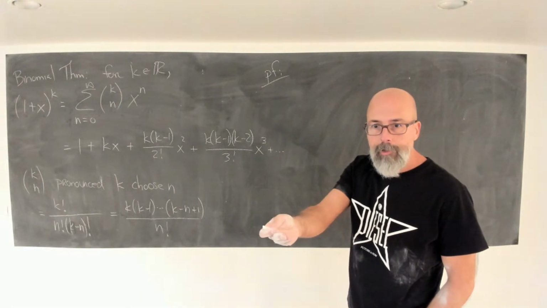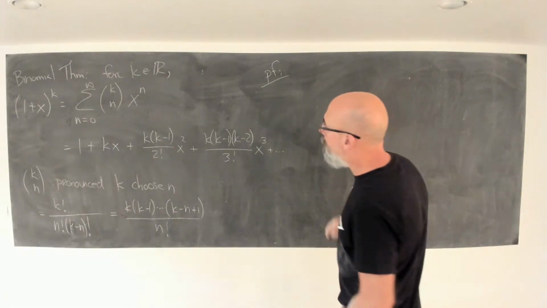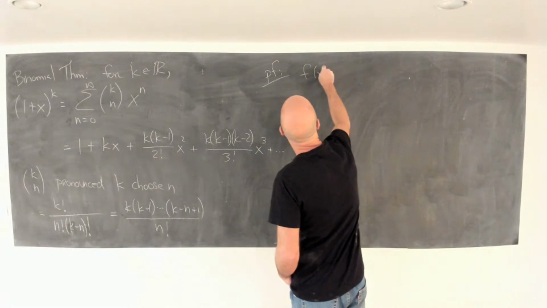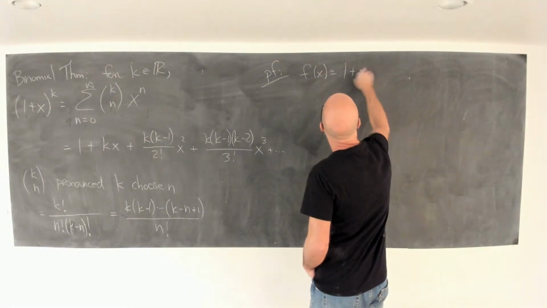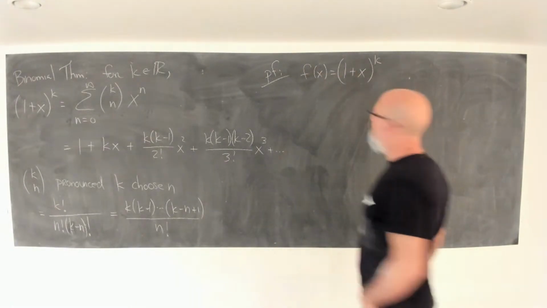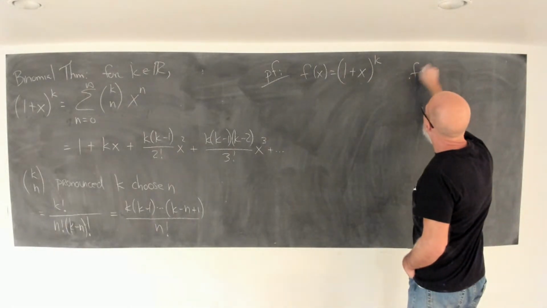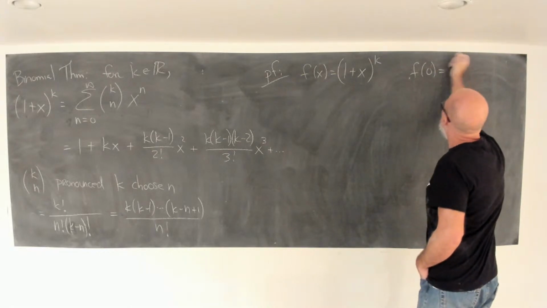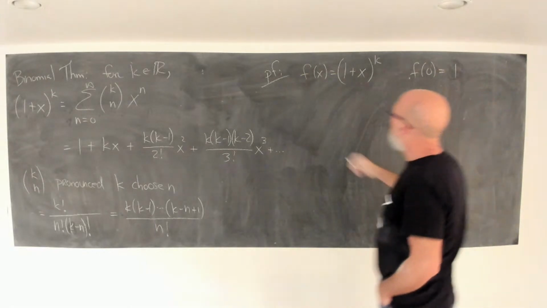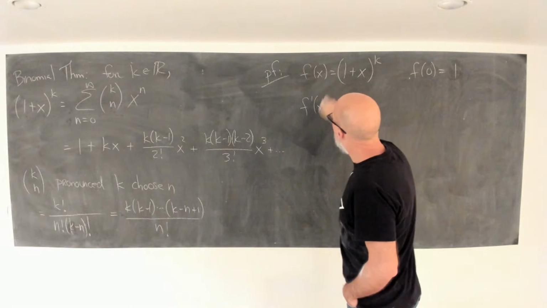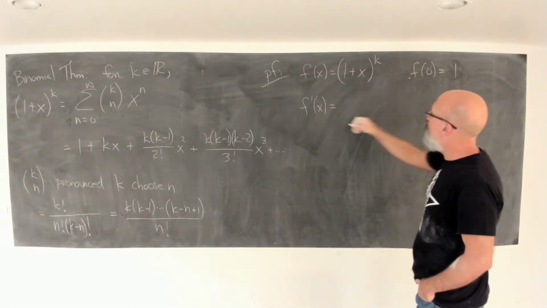How do you find the Maclaurin series? You know exactly how to find the Maclaurin series. We're going to do it the long way. Your function is (1 plus x) to the K. The derivative, you know what the derivative of this is.